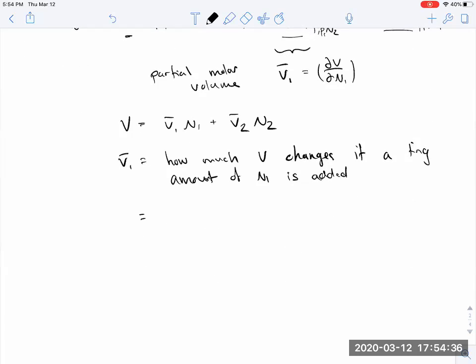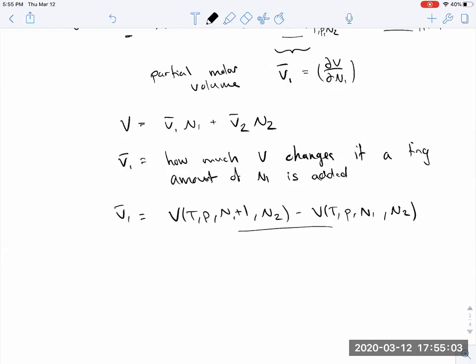I.e., from the differential relationship, that's like saying that V, which depends on temperature and pressure, so V bar 1, if I add 1 molecule of N1, that's the smallest amount that I could add. If I ask for the difference in the volume when I add that single molecule, that's the partial molar volume.